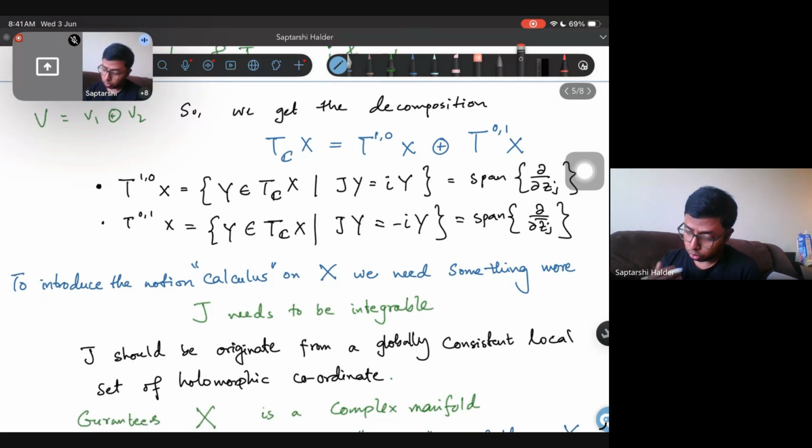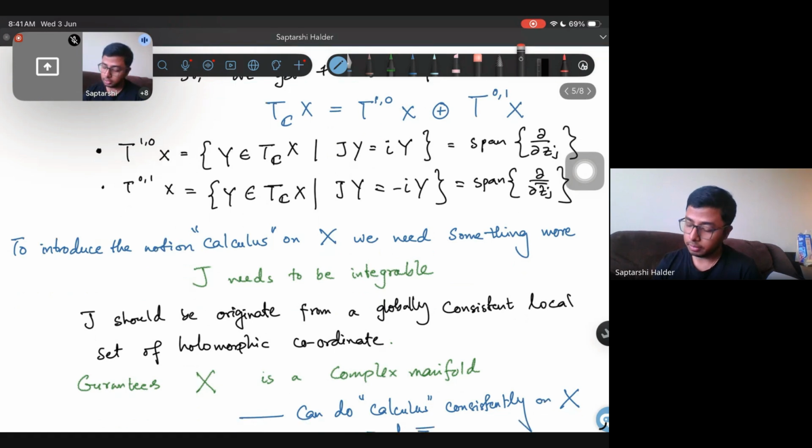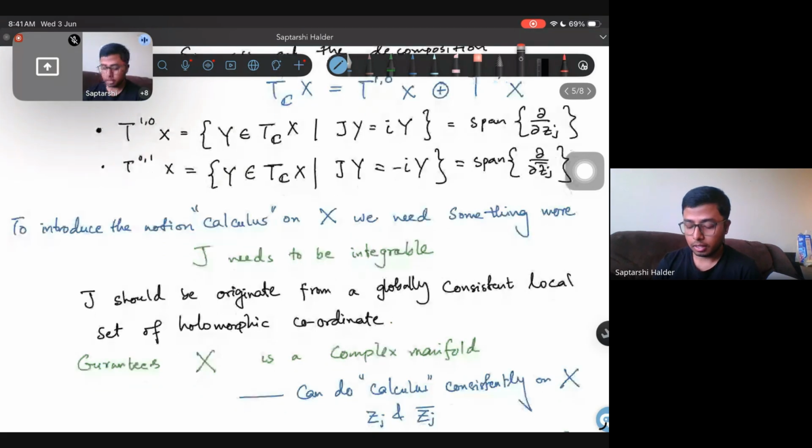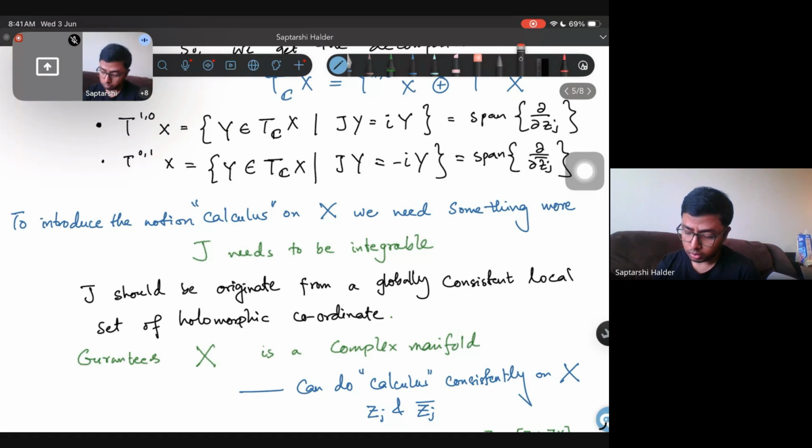So to introduce the notion of calculus on X, we need something more. That means J needs to be integrable. What does integrable mean? Integrable means J should originate from a globally consistent local set of holomorphic coordinates.